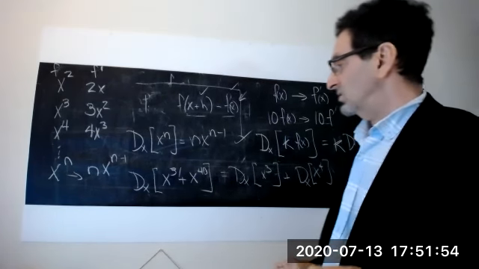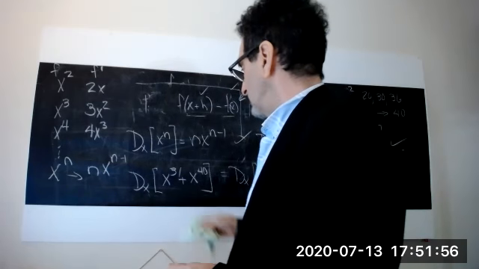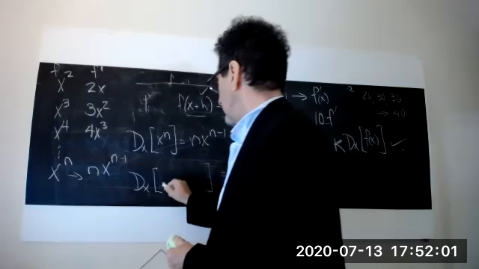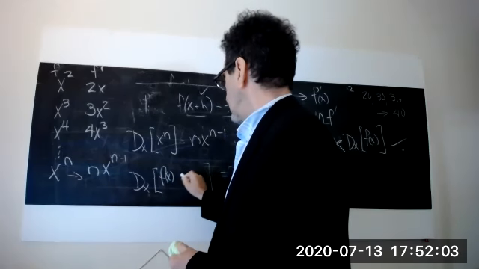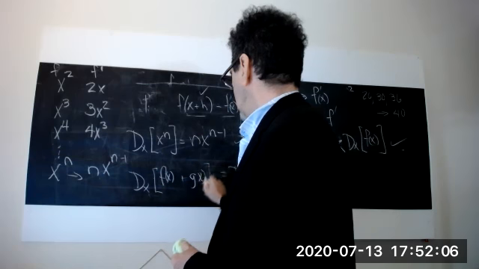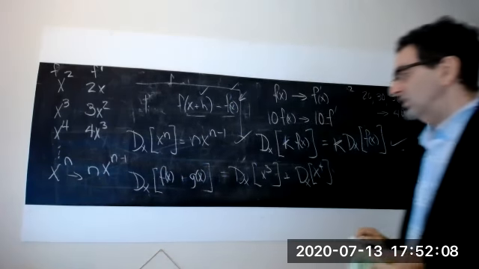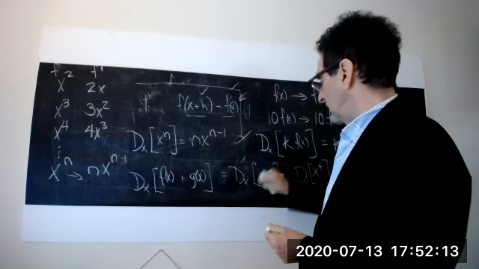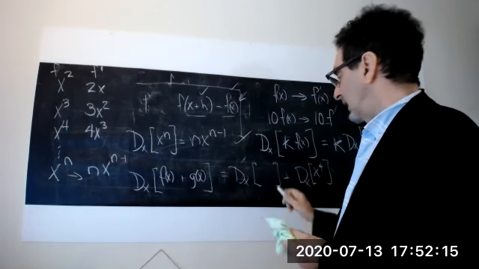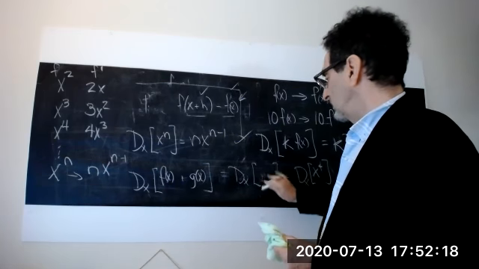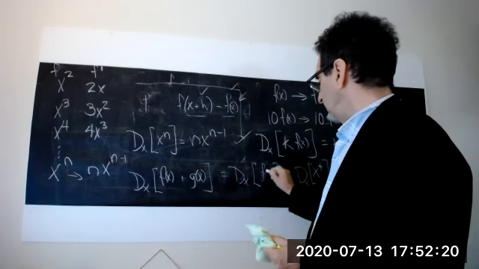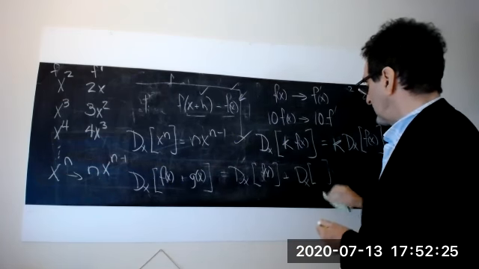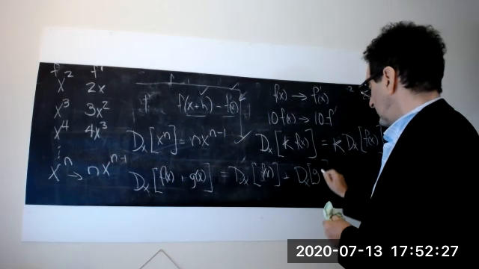In fact, it's true for any functions you put in here. If you have an f plus some other g, and you know the derivatives of f and g, the derivative of f plus g is found by doing f and g separately and then just adding the results.